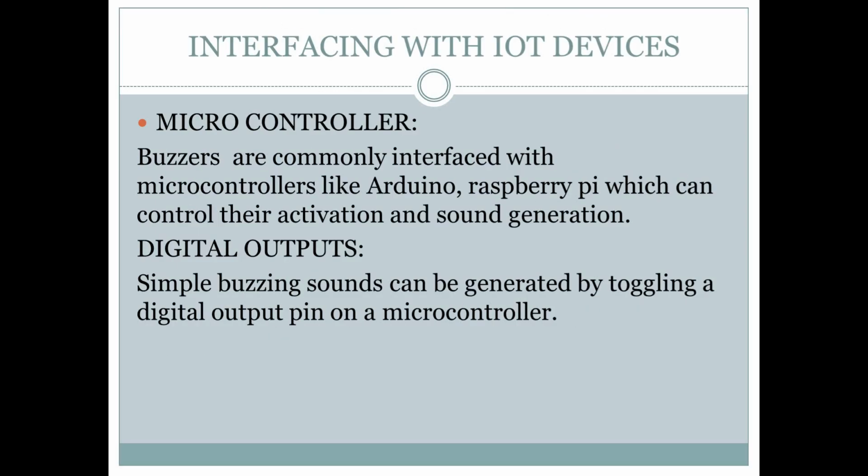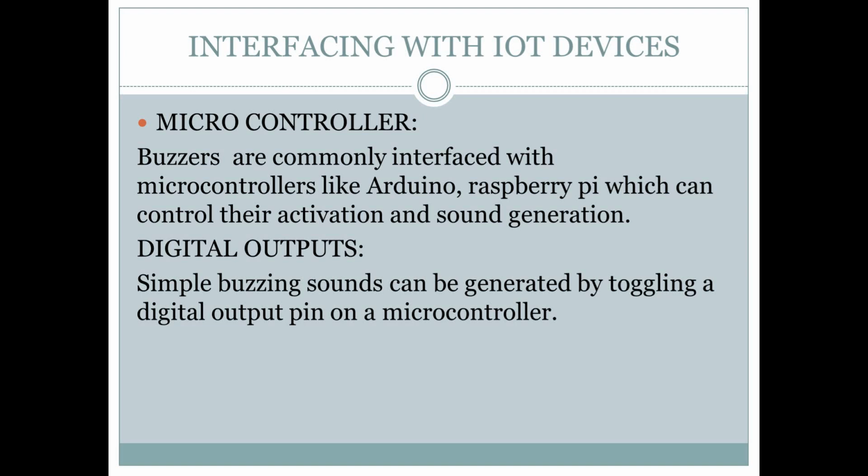Next is how we can interface buzzers in an IoT system with the help of microcontrollers. Buzzers are commonly interfaced with microcontrollers like Arduino or Raspberry Pi. We can connect them for controlling the activation or sound generation.